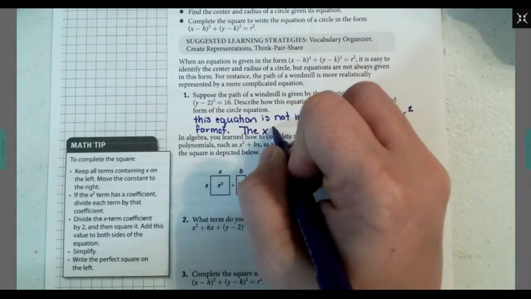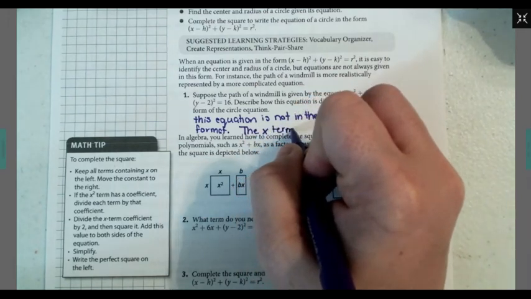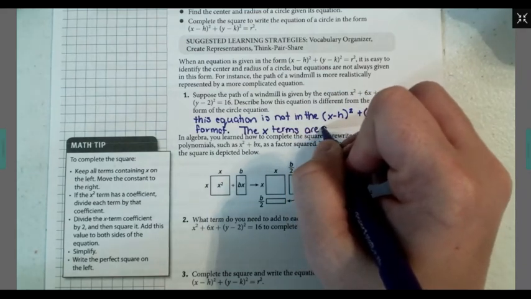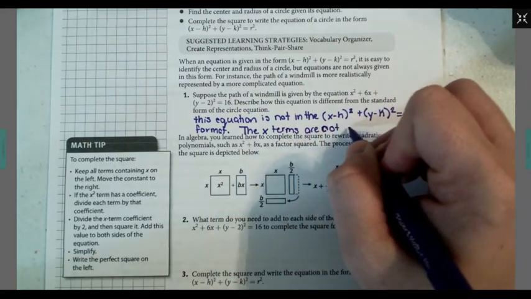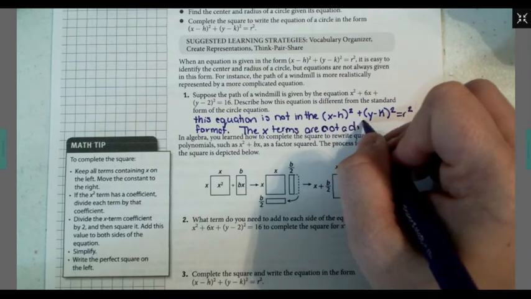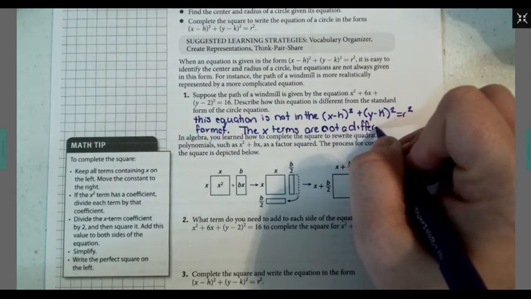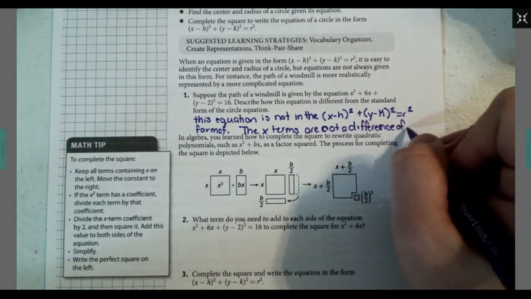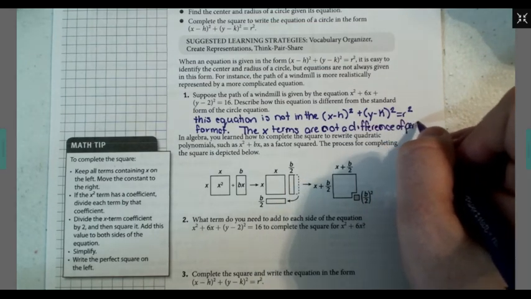The x terms are not a difference of perfect squares.